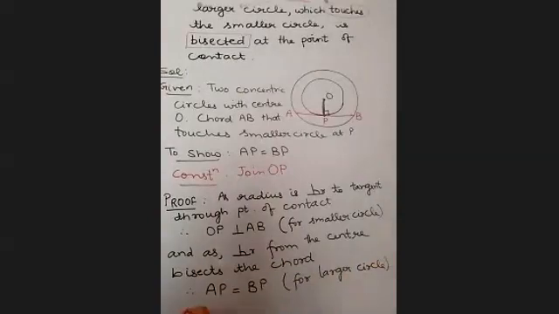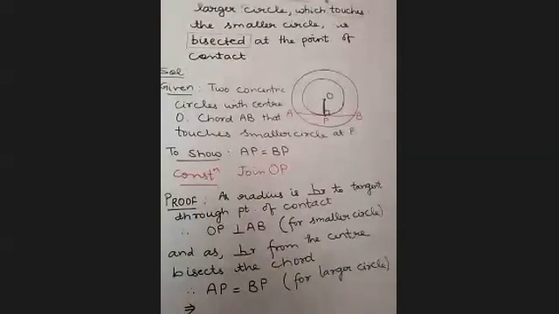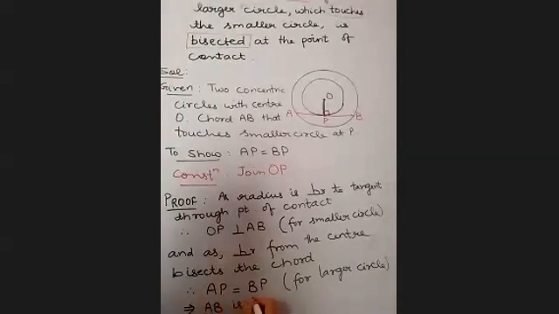And finally, write in the terms of the question asked. This implies AB is bisected at P, which is the point of contact. Hence, proved.